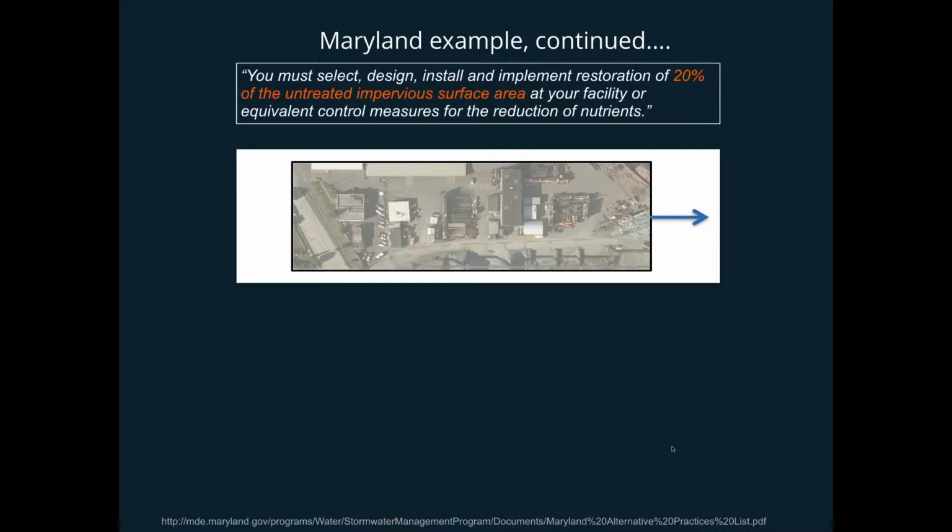This is their industrial permit, some language from it, and part of that language is taking 20% of your untreated impervious surface and putting in stormwater treatment measures or controls for the reduction of nutrients. We want to reduce nutrients to prevent eutrophication and further degradation of the Chesapeake Bay system.